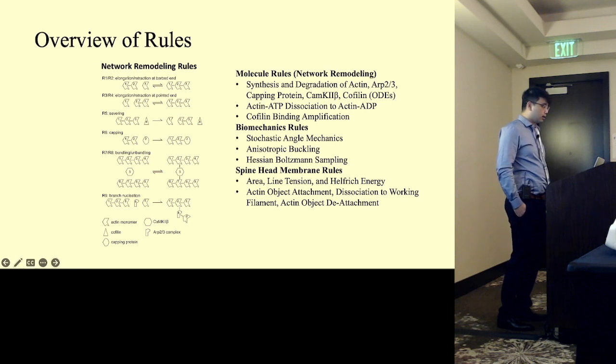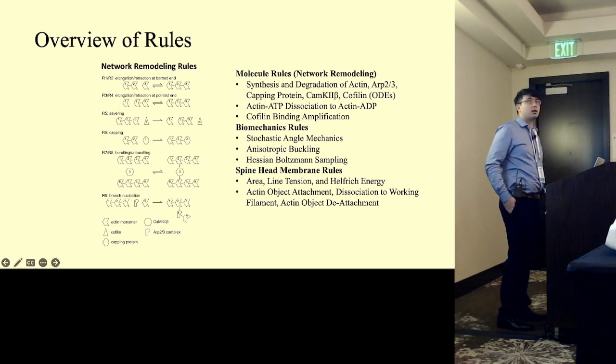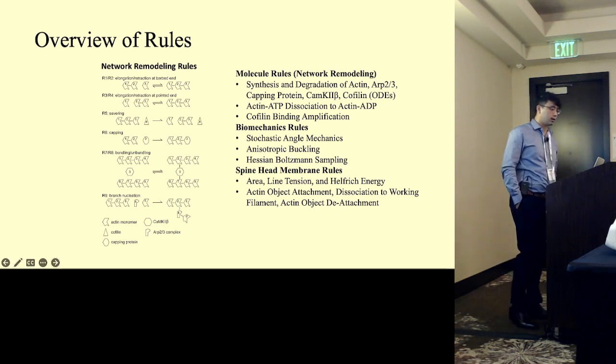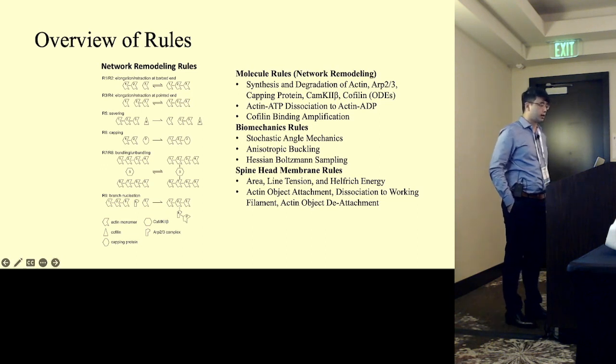This molecule responds to calcium influx into the compartment, which can be related to the signals it's receiving from the presynaptic neuron into the postsynaptic compartment. Then there's the molecule that adds a lot of complexity to the network called Arp2/3 that causes it to branch at about 70 degrees.